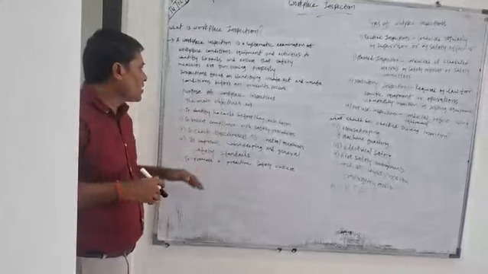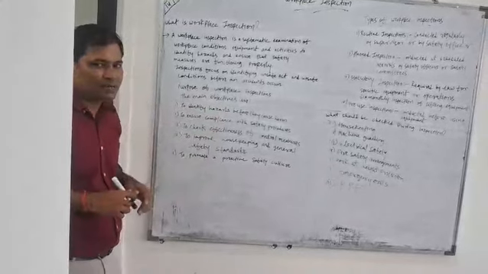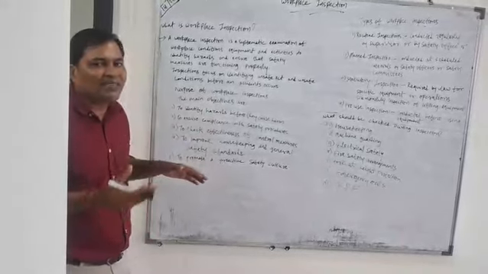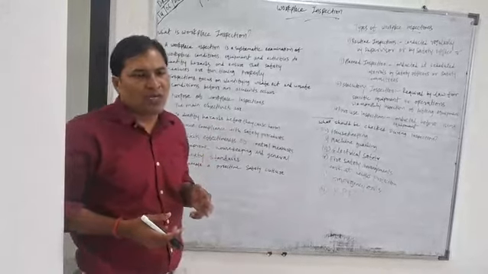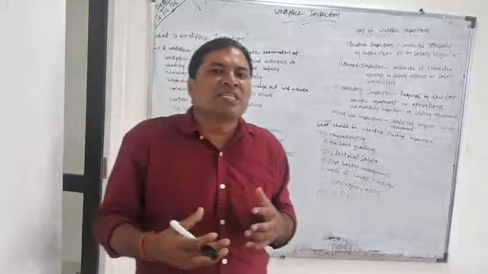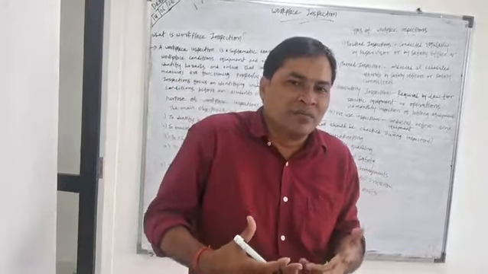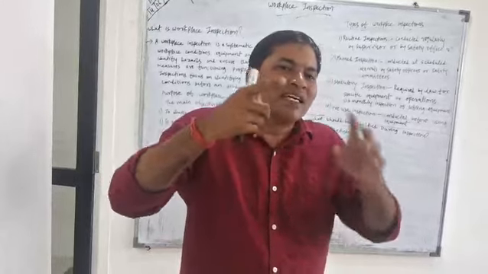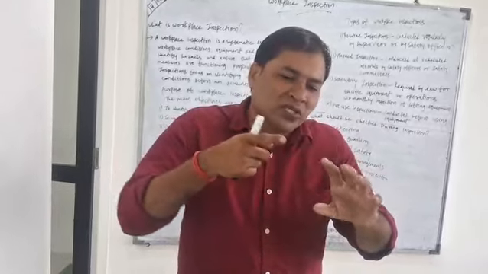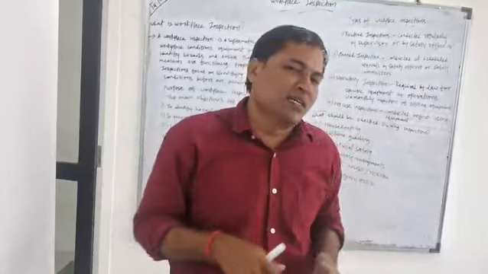Purpose of workplace inspection: the main objective is to identify hazards before they cause harm. A hazard is something that has the potential to cause harm. For example, if you go closer to a sharp object, it will puncture your body.